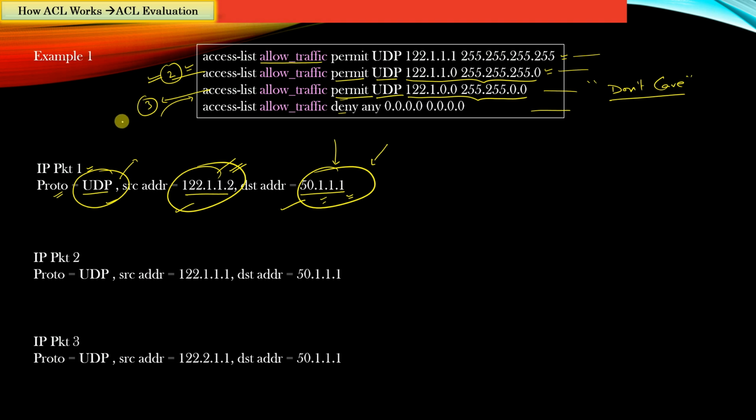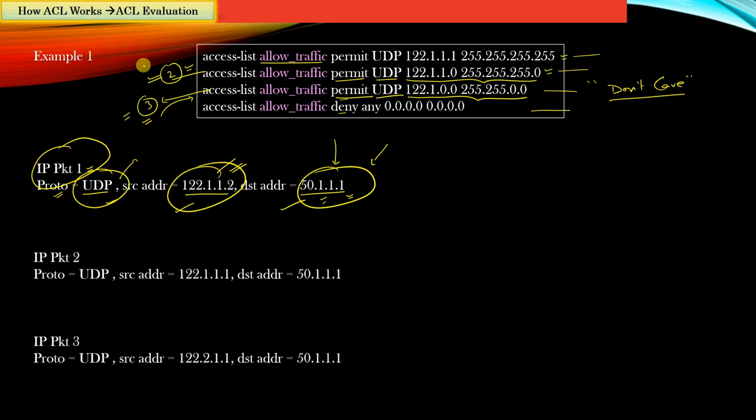So it means that for IP packet number 1, both ACL rule number 2 and ACL rule number 3 say permit. Now the question is which ACL rule we must honor. Should we announce that ACL rule number 3 has permitted the packet or ACL rule number 2 has permitted the packet? The answer is simple.